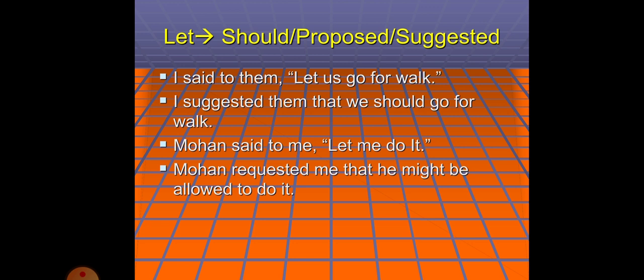Now here it is a suggestion, so that is why I have used suggested. In the next sentence, Mohan said to me, let me do it. Now here somebody is asking permission to do something. So we will not use suggested here, but we will use requested. Mohan requested me that he might be allowed to do it.